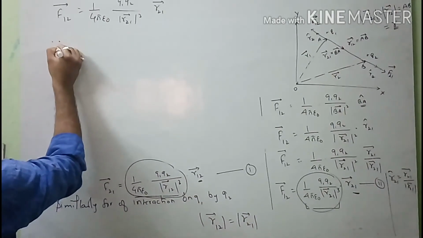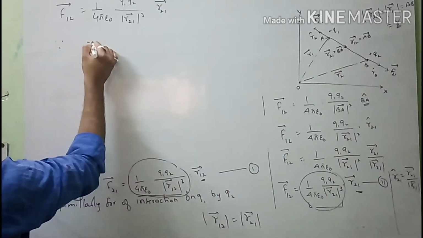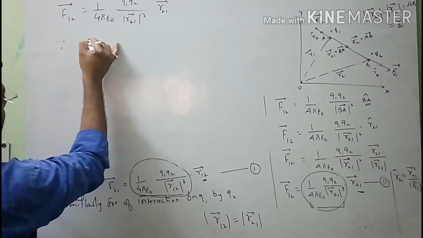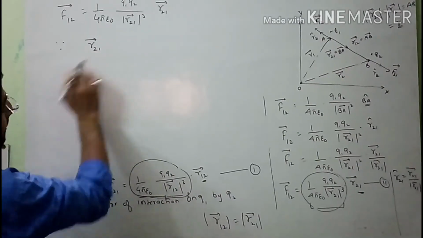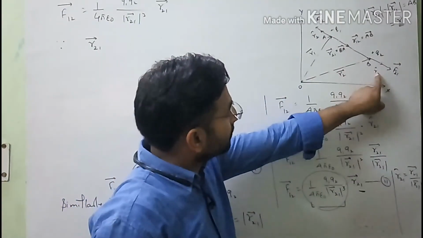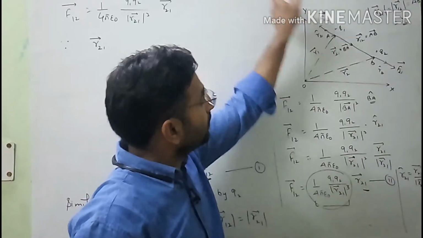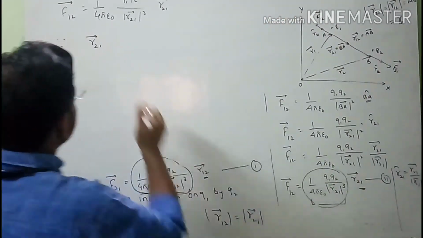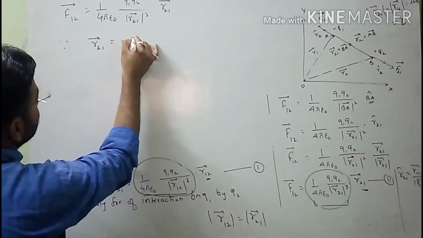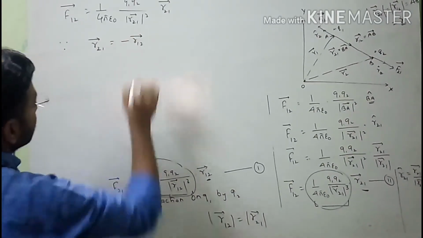Since from the diagram you can see the direction of the R21 vector, which is along the direction of BA, is opposite to the direction of the R12 vector.